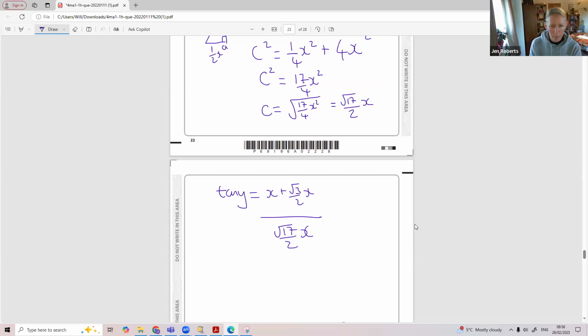Right, so let's simplify that now. I might add these together. So you've got x, add root 3 over 2 x.